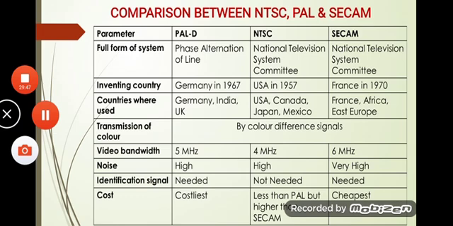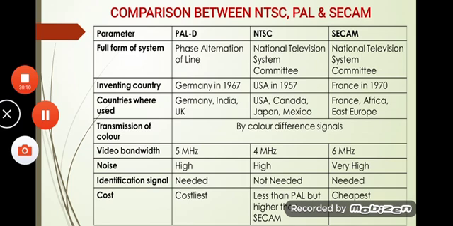Now these are the differences between PAL, SECAM and NTSC. PAL originated in Germany, NTSC is in USA and SECAM is in France. PAL stands for phase alternation by line.